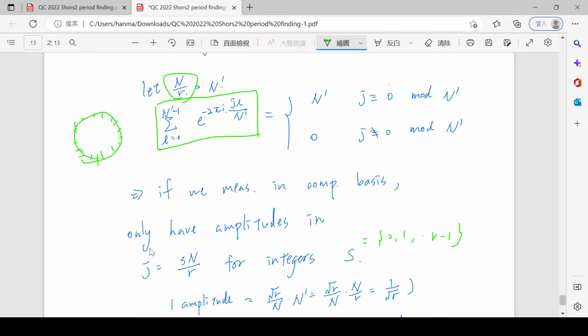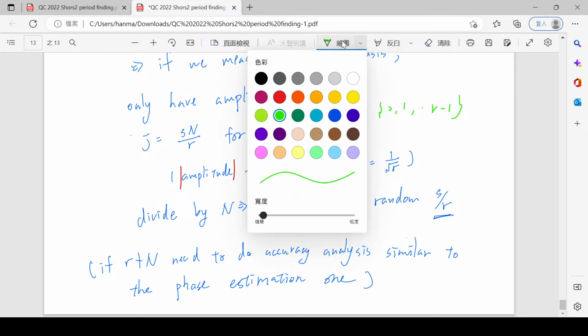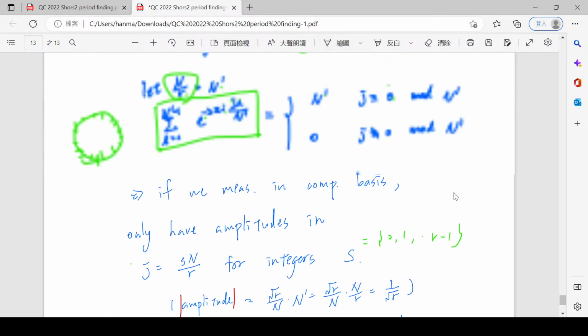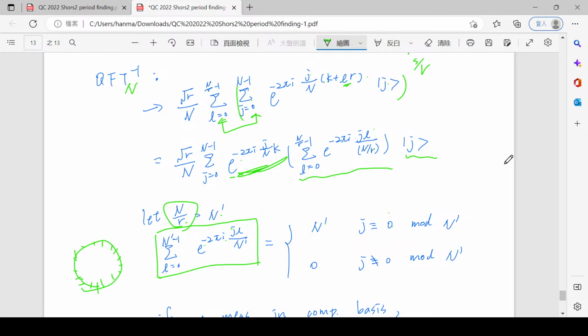Anyway, so we are basically done here, but we can be a little careful. So what's the amplitude for each S? So let's go back. It's quite complicated.